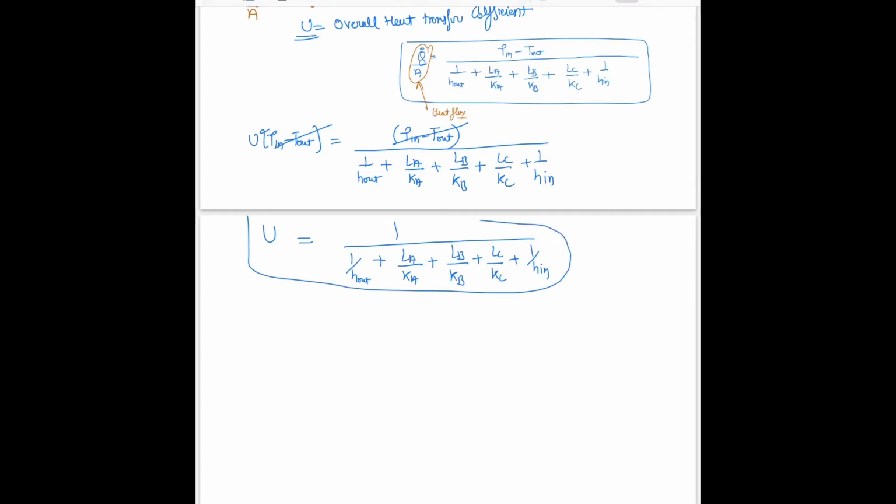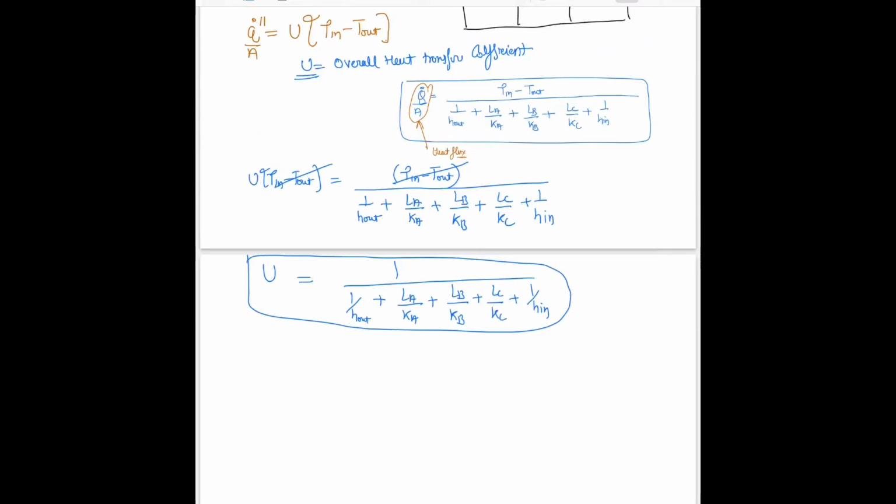So this is my expression for the overall heat transfer coefficient. We can also write the heat flowing through the composite slab as overall heat transfer coefficient into area times T in minus T out.